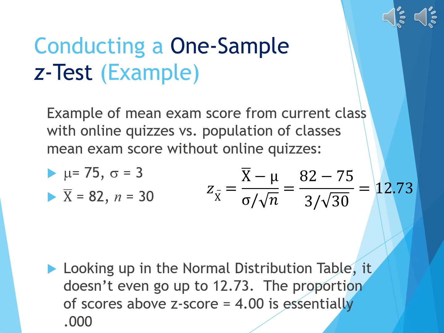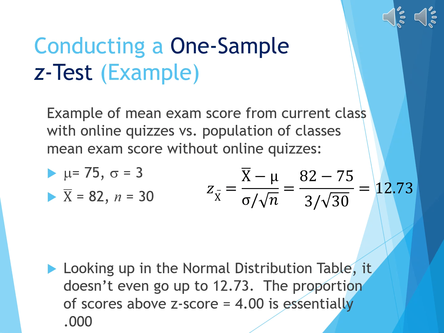So what we know, the statistics and parameters that are given: we have a population mean of 75. That's the population average exam score. That also has a population standard deviation equal to 3 points on exams.